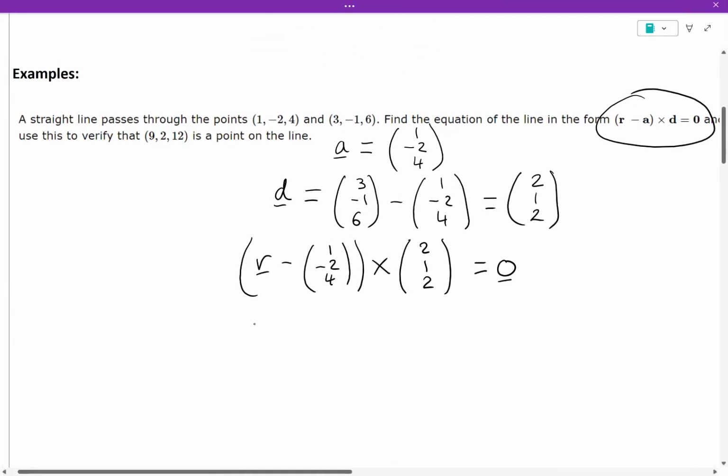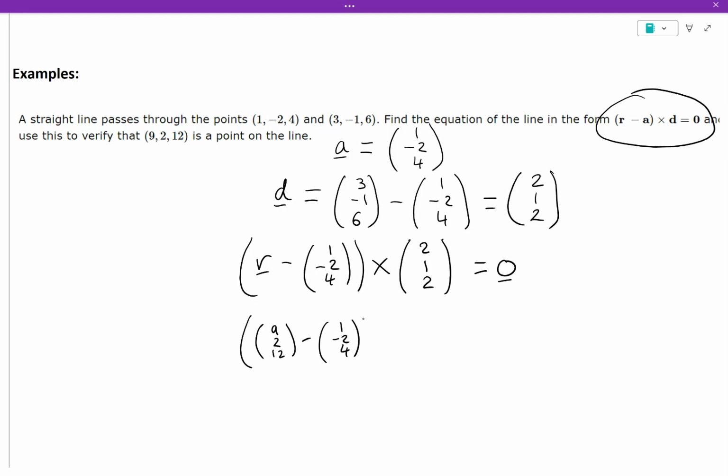I'm going to write 9, 2, 12, subtract 1, -2, 4, cross product with 2, 1, 2, but I'm not going to write equals the zero vector, because I need to verify it. Let's calculate our brackets first: 9 subtract 1 is 8, 2 subtract -2 is 4, and 12 subtract 4 is 8. And we're going to cross product that with 2, 1, 2.